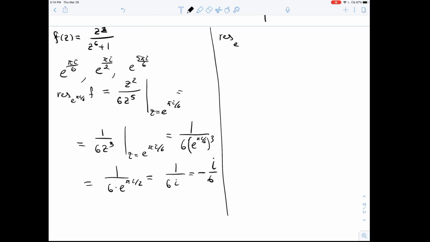Okay, so the residue at e to the pi i over 2 is the same, z squared divided by 6z to the 5th with this substitution, and it will be 1 over 6 e to the 3 pi i over 2, and 3 pi i over 2 is minus i.